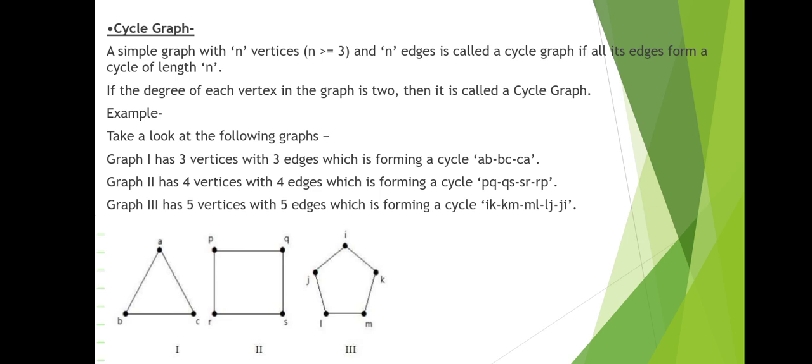Graph 1 has 3 vertices with 3 edges: AB, BC, CA. Graph 2 has 4 vertices with 4 edges: PQ, QS, SR, RP. Graph 3 has 5 vertices with 5 edges: IK, KM, ML, LG and GI.